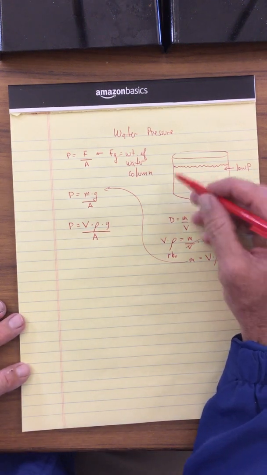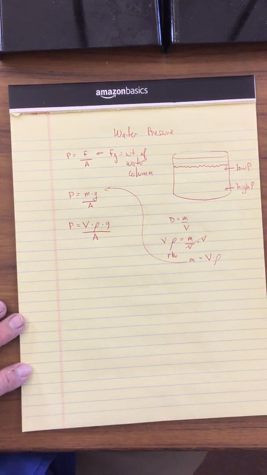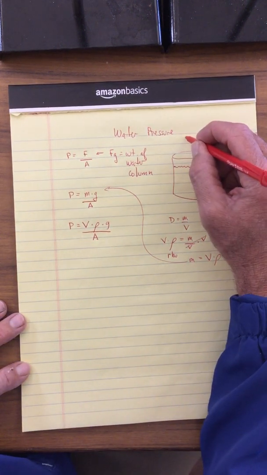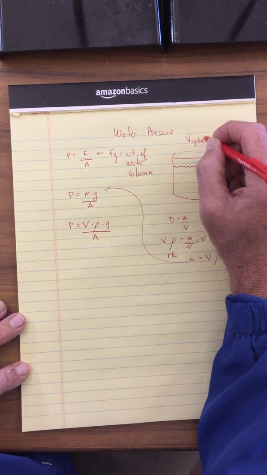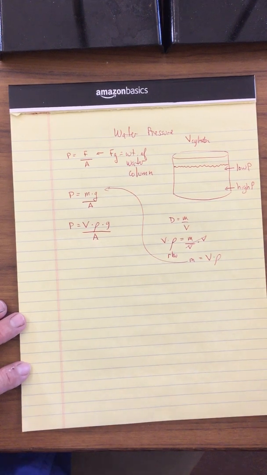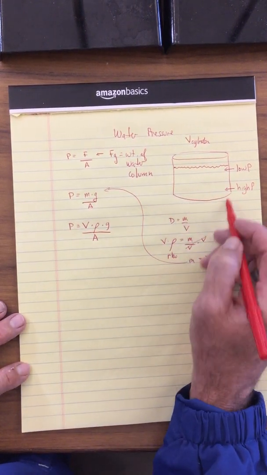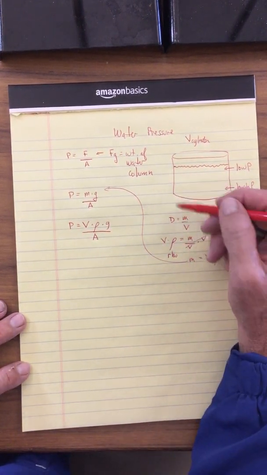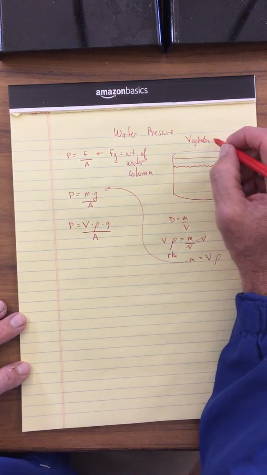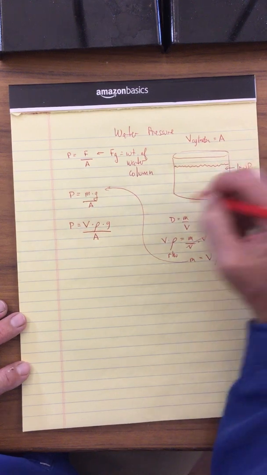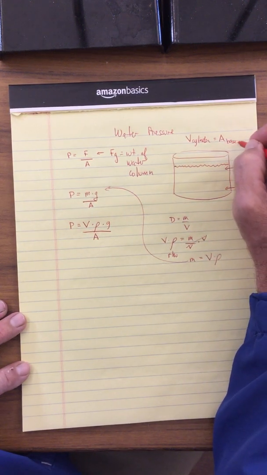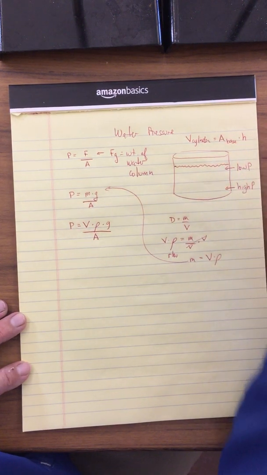So now, going back to this tank, it is in the shape of a cylinder. And what is the volume of a cylinder? The volume of a cylinder, if you remember from geometry, is equal to the area of the base times the height. So it's the area of the base, which is going to be a circle, times the height.